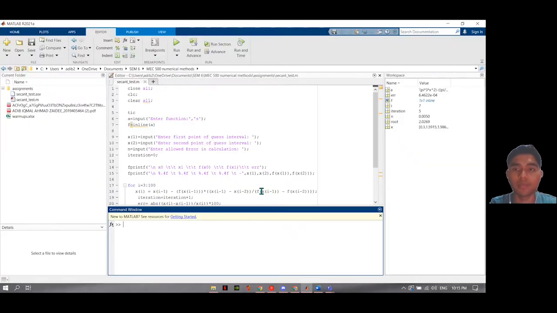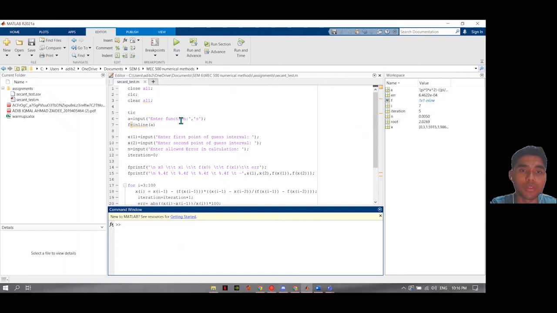I have programmed it. In this program, the first 3 lines are for initializing MATLAB. I assign A as an input to a function, where we input the function ourselves.